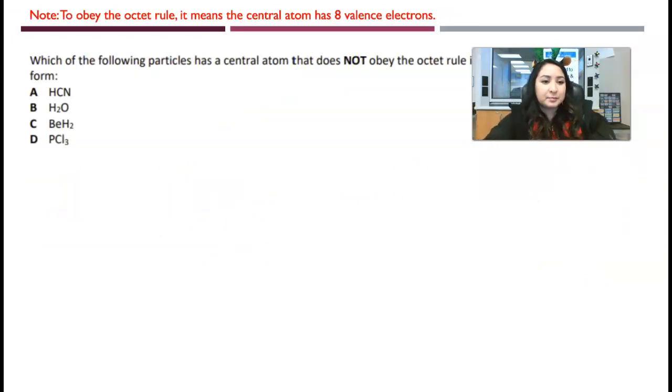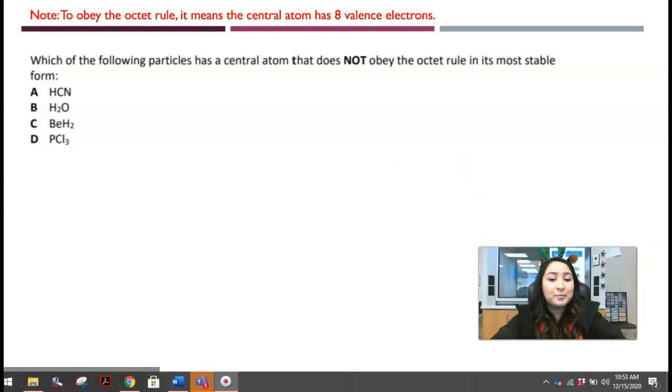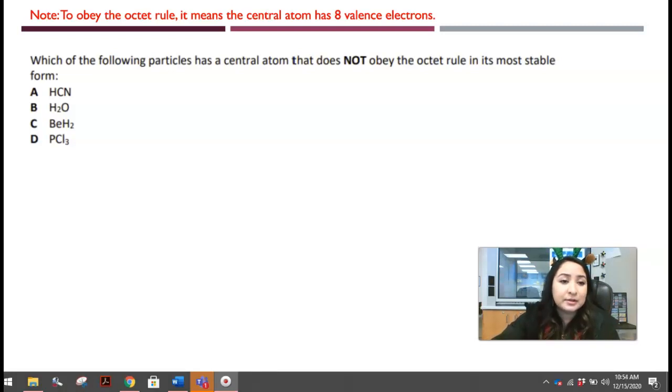All right, let's look at the next problem. It says, which of the following particles has a central atom that does not obey the octet rule in its most stable form? So remember, the octet rule is where you have, or are sharing, 8 valence electrons. So we can go ahead and draw each one out.